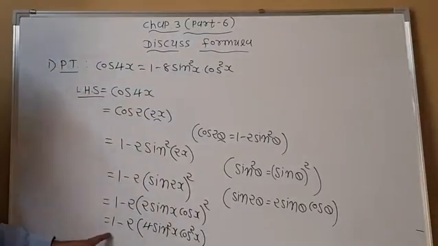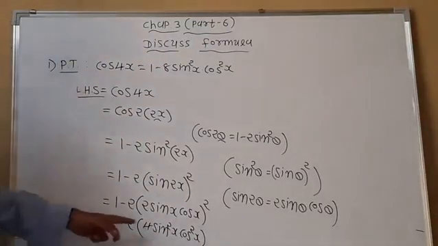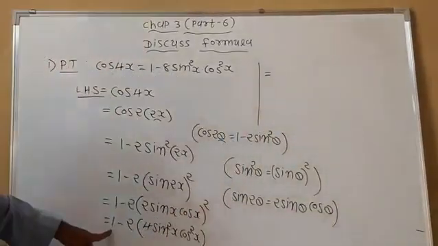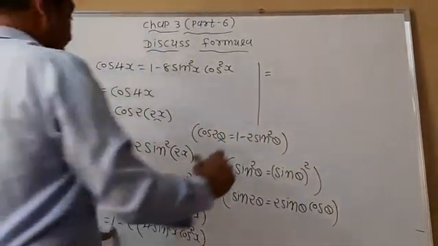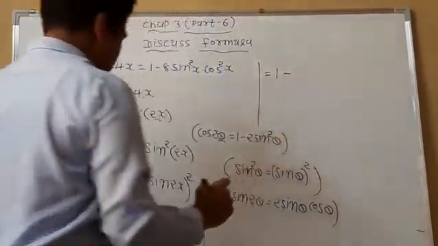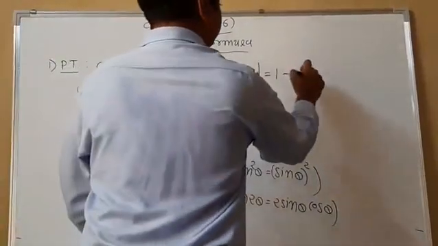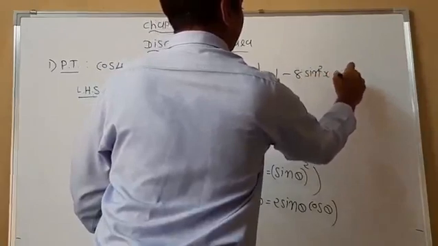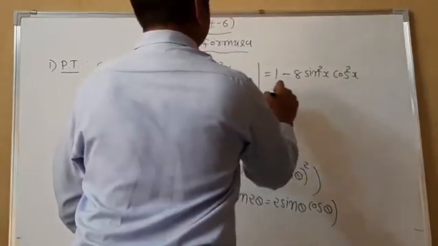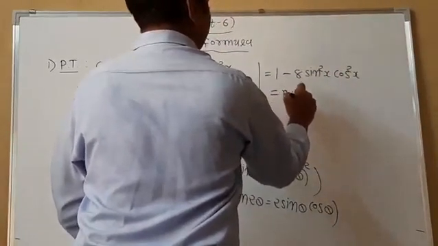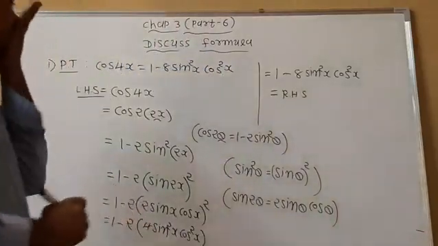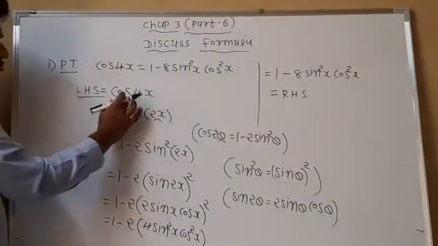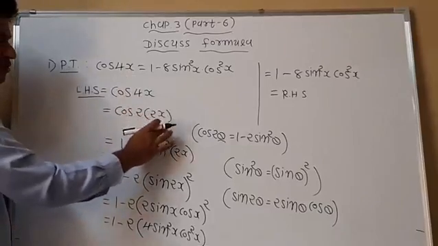Okay, now open this bracket, so we get the final answer. Open this bracket, so 1 minus 4 times 2, that is 8, sin square x into cos square x, which is equal to the RHS. Clear?